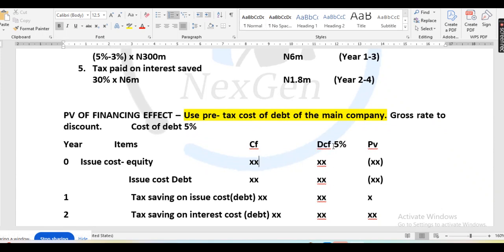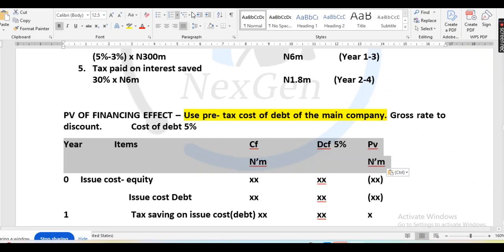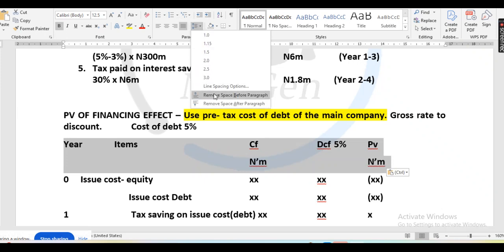So please give me the figure for the issue cost, for the cash flow. Let me arrange this.